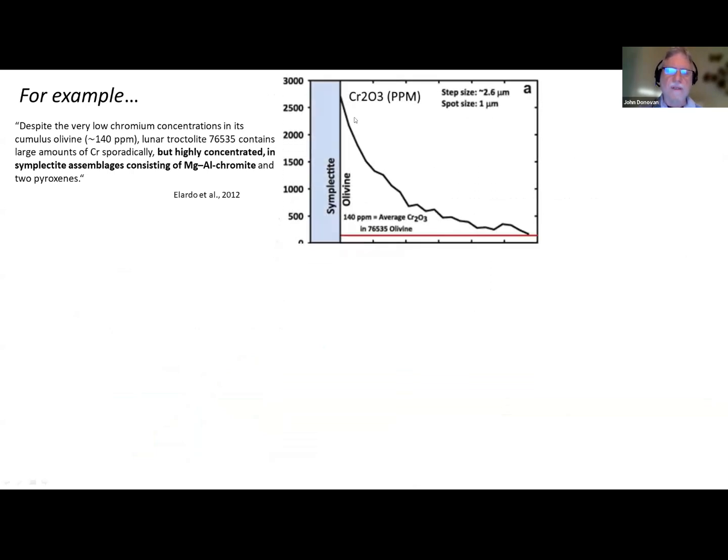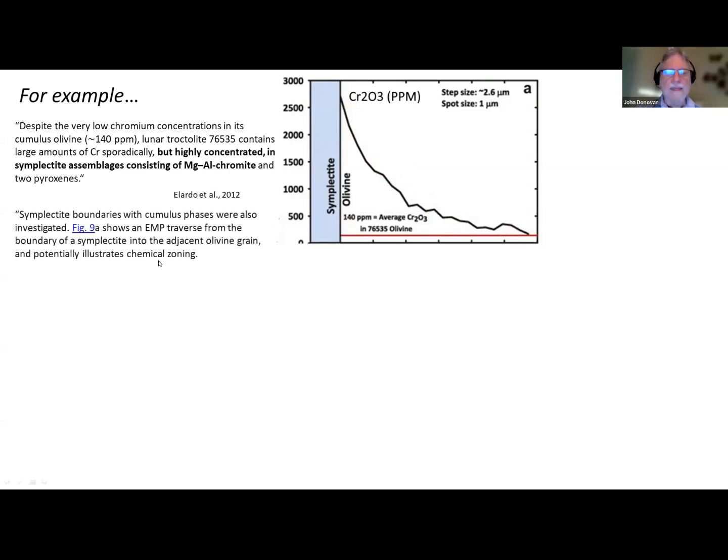They presented this data where they have an olivine phase and this symplectite complex, and they were reporting 2,700 ppm of chromium oxide going down to some base level they assumed. They said this potentially illustrates chemical zoning.